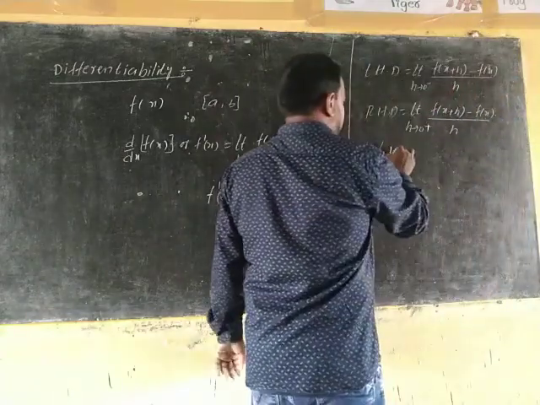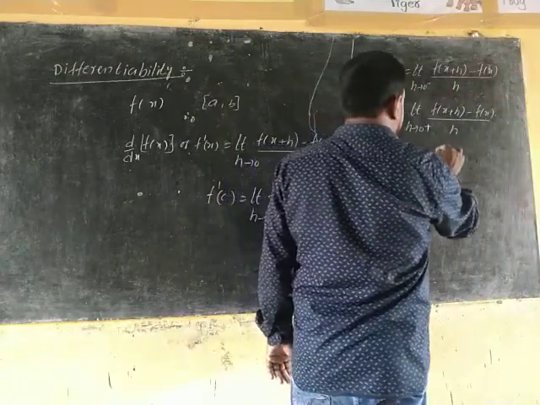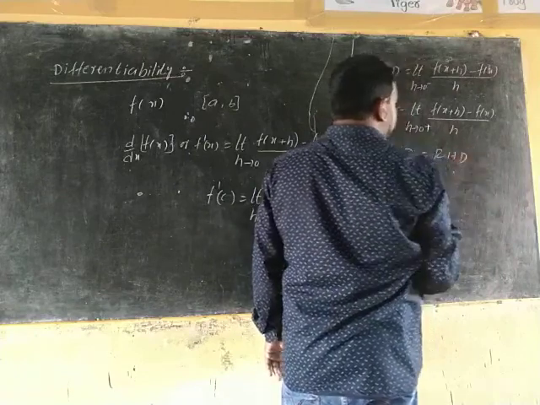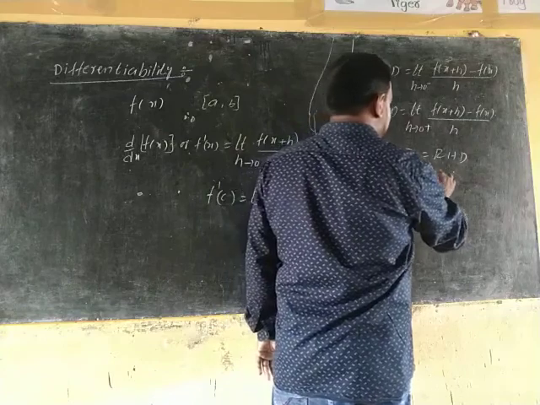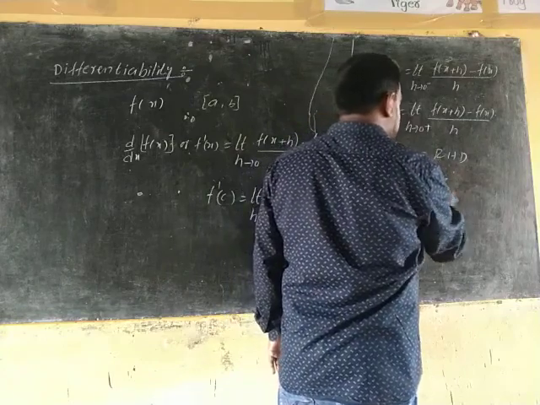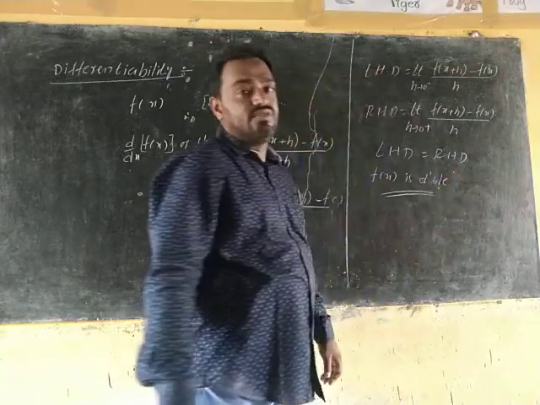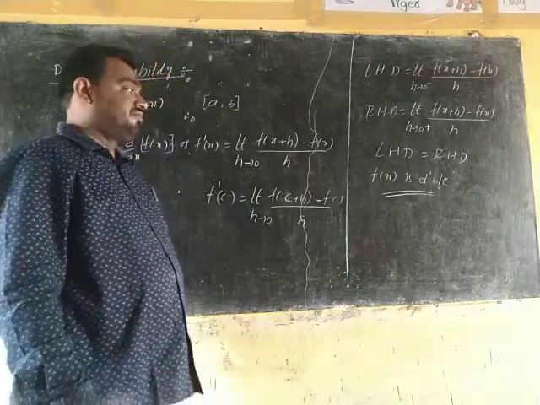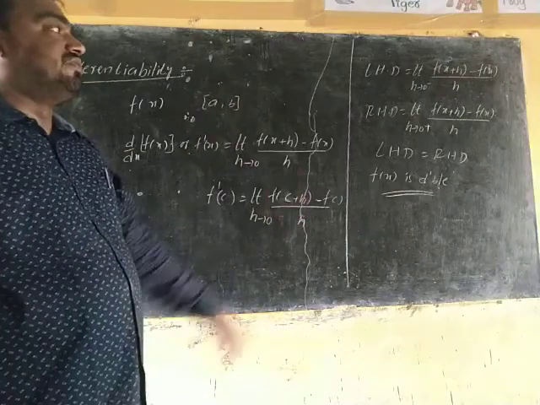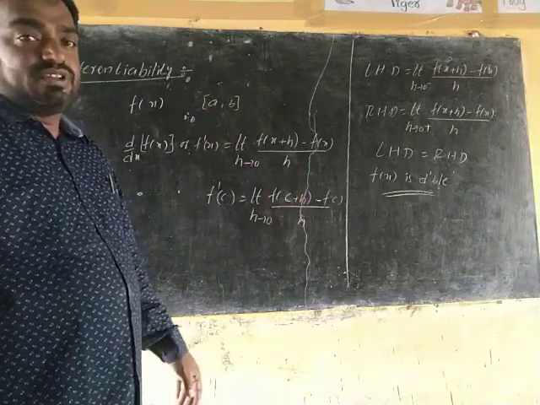If left hand derivative is equal to right hand derivative, then f of x is a differentiable function. This we know from first PUC.